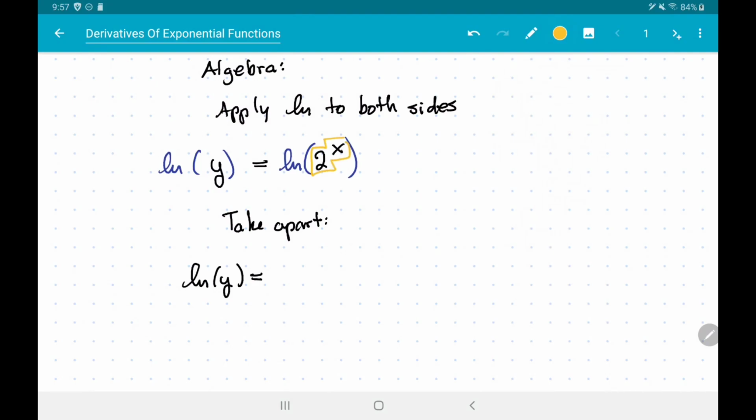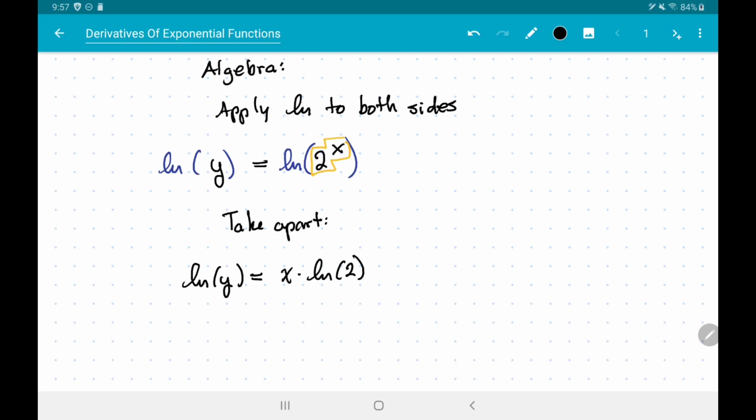Remember, there's an ln property that lets us take apart ln applied to a base to a power. So do you remember how that works? We'll get a factor from the power times ln of the base. Okay, so that's so far just algebra.